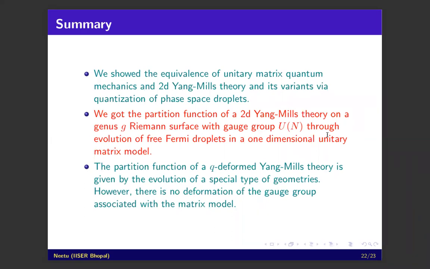So it's basically just SU2Q, right? Where you sort of deform the Lie algebra, essentially. Right. So there's a deformation of the gauge group. But when we are studying the evolution of these Fermi surfaces, the group is still UN. It's not UNQ.